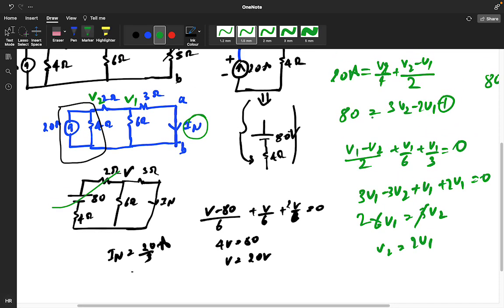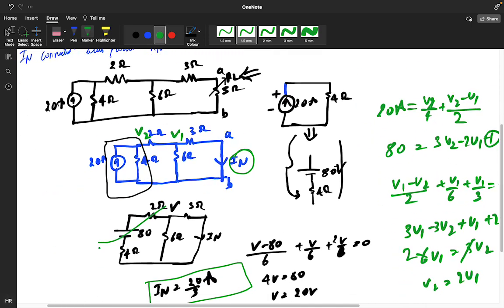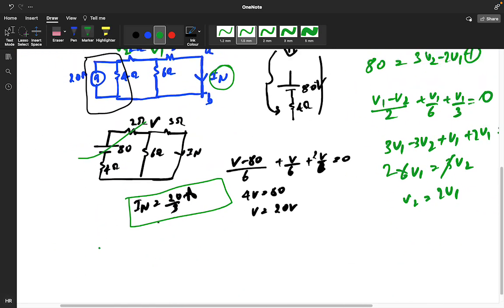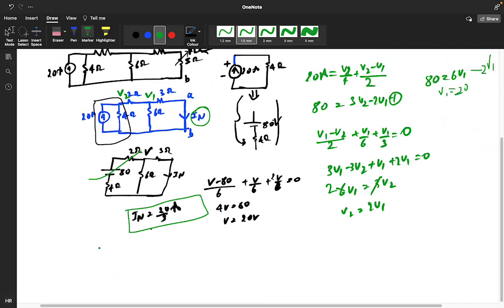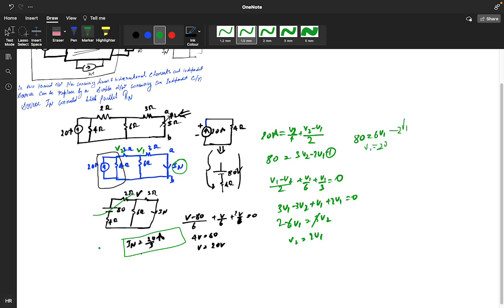So our aim was to find the value of IN, and we got the value of IN as 20 divided by 3. Now you need to find the value of RTH. For RTH the same concept. For finding the RTH you don't have to do anything further; this is your dependent, this is your independent current. So the independent current will be opened.